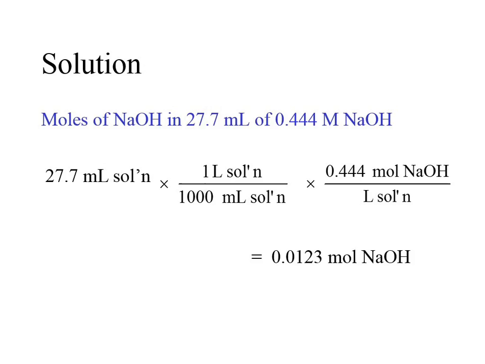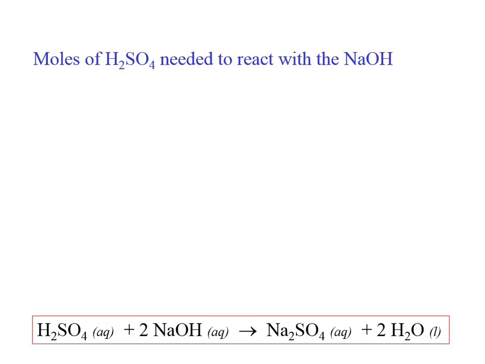Then step 2 in our strategy was to get to moles of H2SO4 using the stoichiometry. And we happen to have a little more interesting stoichiometry. We have 2 moles of NaOH for every 1 mole of H2SO4. So I'm going to piggyback.